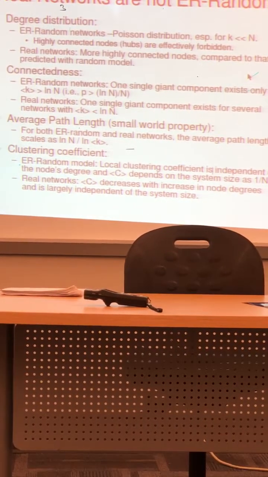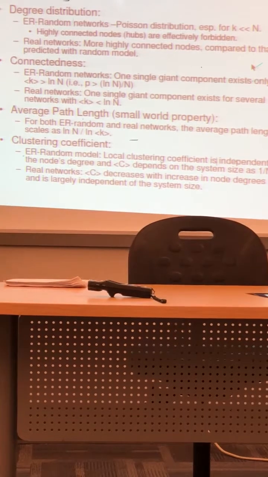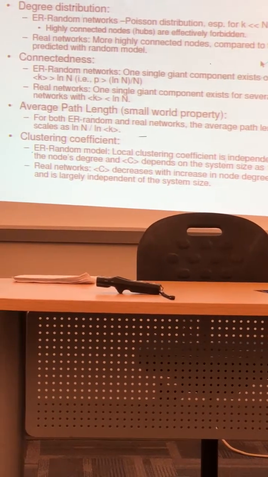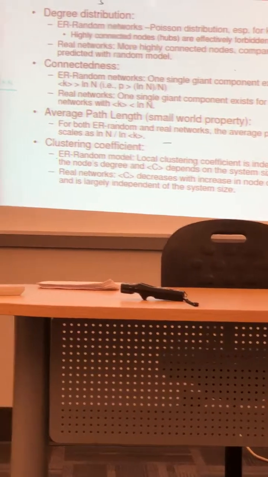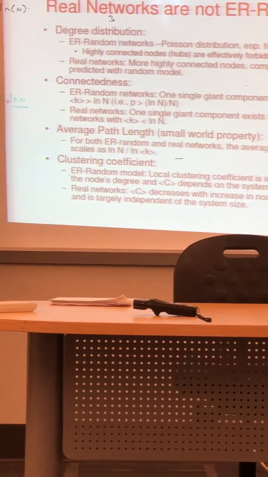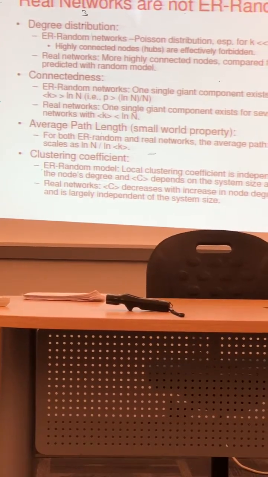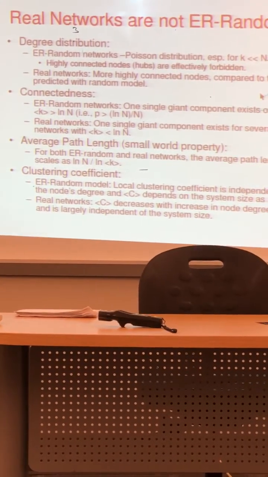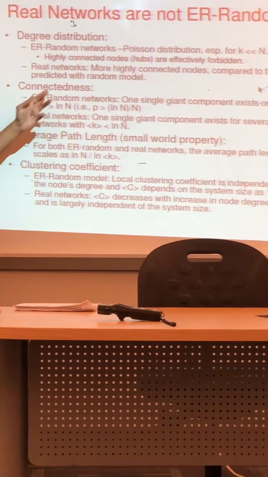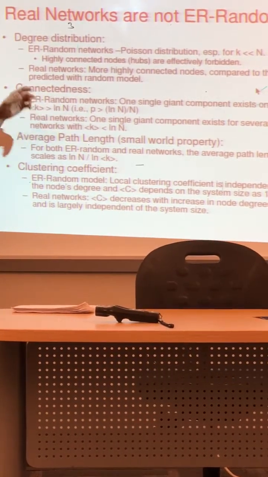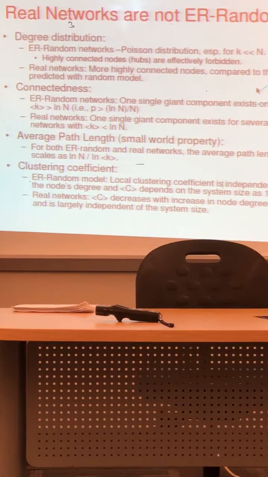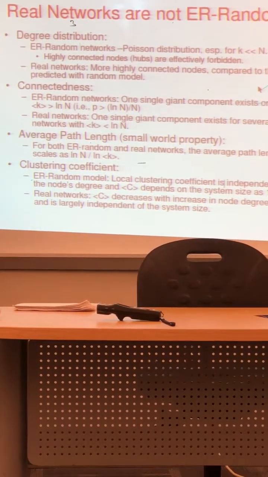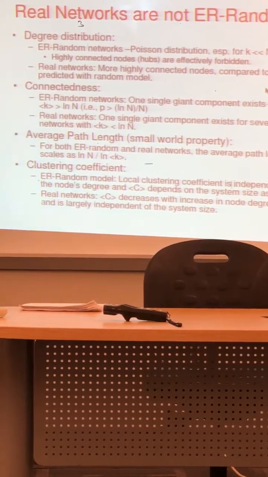It takes more edges in a random network. What is log n? Logarithm of n. N is the number of nodes. So the average degree is expected to be greater than log n in order to see all vertices in a giant component in a random network. That's a fundamental difference in the connectedness between the two.